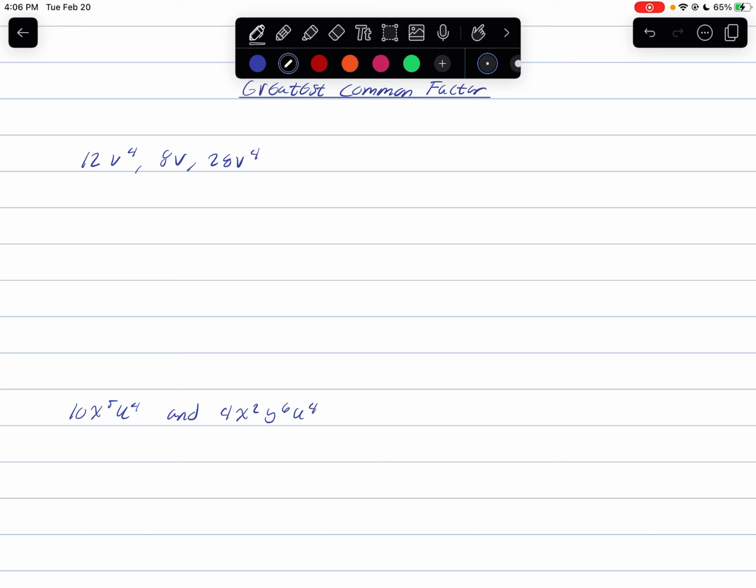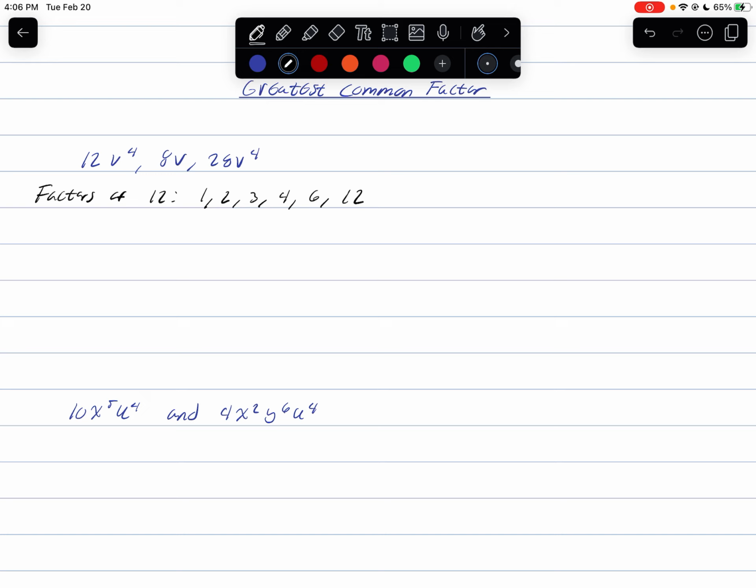The first thing we want to do is look at all of the numerical values. So we're going to look at 12, 8, and 28, and we're going to write all of the factors of each of these. Our factors of 12 are 1, 2, 3, 4, 6, and 12.